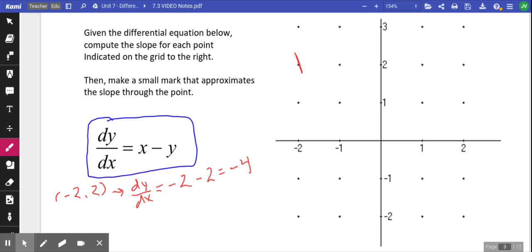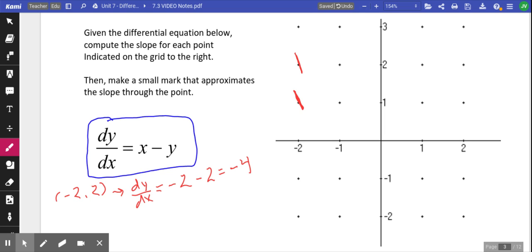So let's choose -2, 1 as our next point. And if we substitute those values in for x and y, we wind up with -2 minus 1, which is -3. So slightly less steep than the previous one that we just did, but still fairly steep.